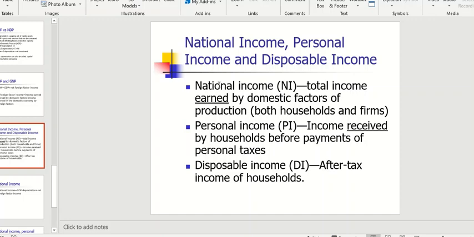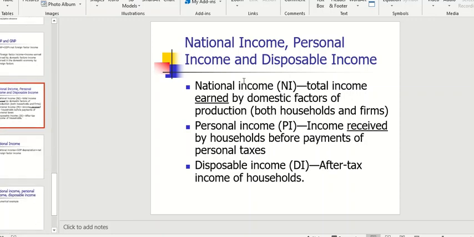National income, which is what we have been talking about, the income earned by domestic inputs. Personal income, income received by household members before payments of personal income taxes. And then lastly, disposable income, which is the income that we have left over after we've paid all taxes, including personal income taxes.